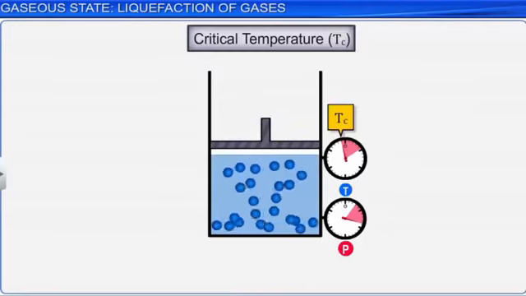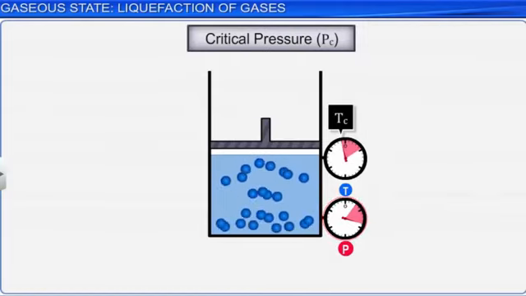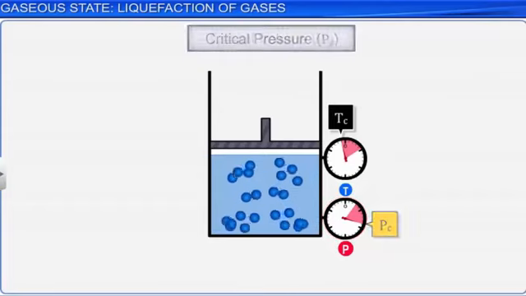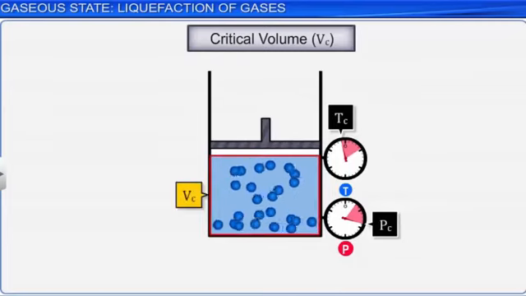The minimum pressure required to liquefy 1 mole of a gas at critical temperature is called critical pressure, Pc. The volume occupied by 1 mole of a gas at its critical pressure and at critical temperature is the critical volume, Vc, of the gas.